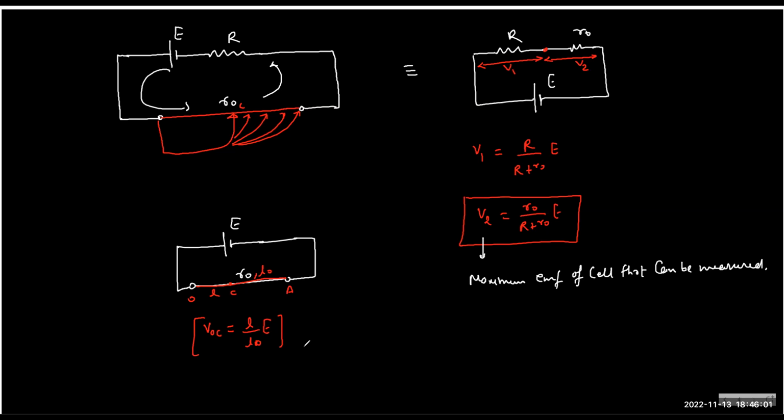The fraction of length is the fraction of EMF. And what is VCA? L naught minus L. You can see that L is taken from the positive end.